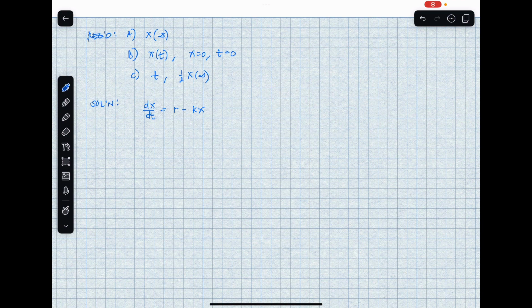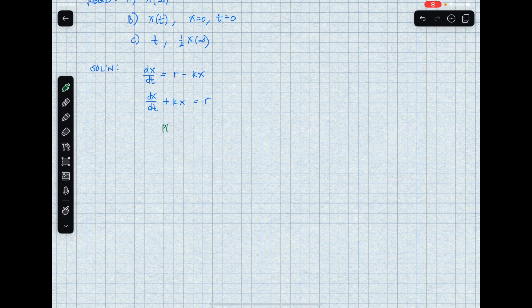So we just simply transform it into the format of a linear equation, dx over dt plus kx is equals to r. So this is linear in x. Therefore, our p of t is equals to k, and our q of t is equals to r.